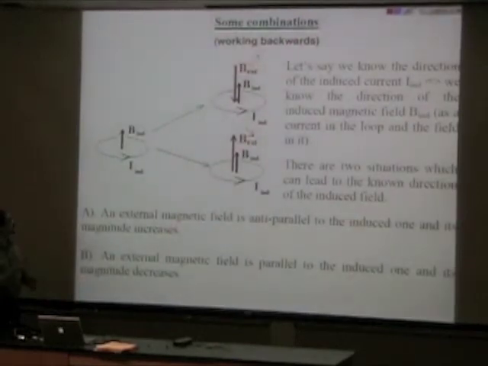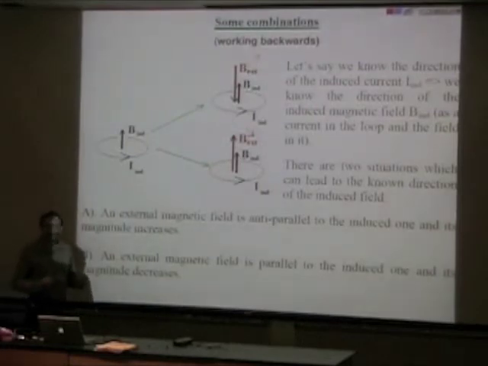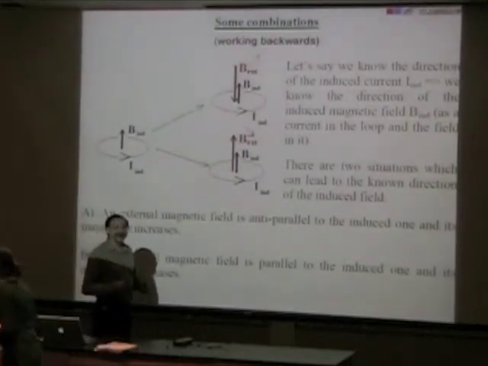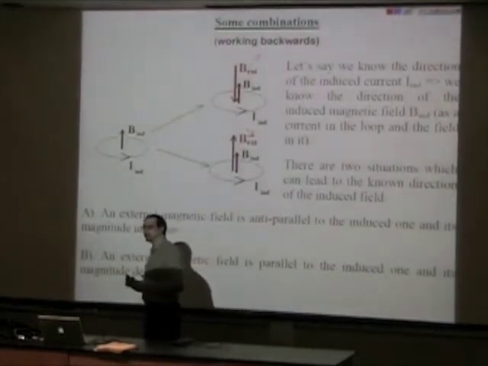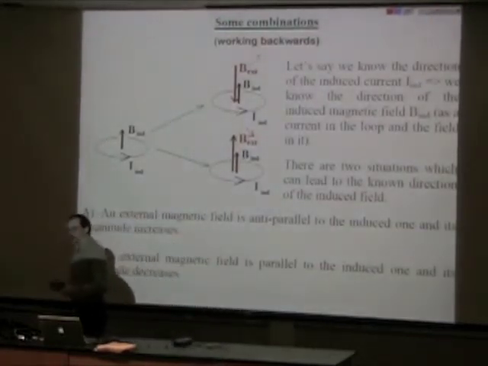So if the induced magnetic field is given, in that example, it points up. How can it happen? Well, the first situation is when the external magnetic field points in the opposite direction, but increases in magnitude. So the induced magnetic field is supposed to compensate that change.